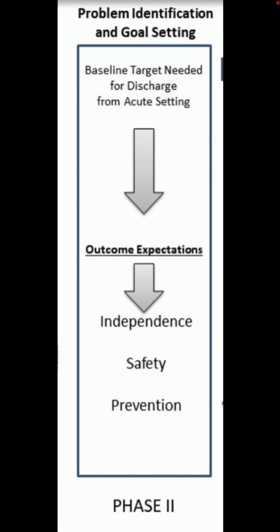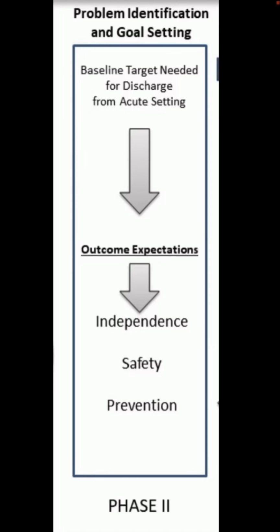So it's only a needle stick injury. So at the end of the day, you can aim for a person to be independent, as compared to somebody who's elderly, had an unpredicted fall, and had a fracture, so they may need a little help. So that is actually problem identification and goal setting, and that is phase 2.